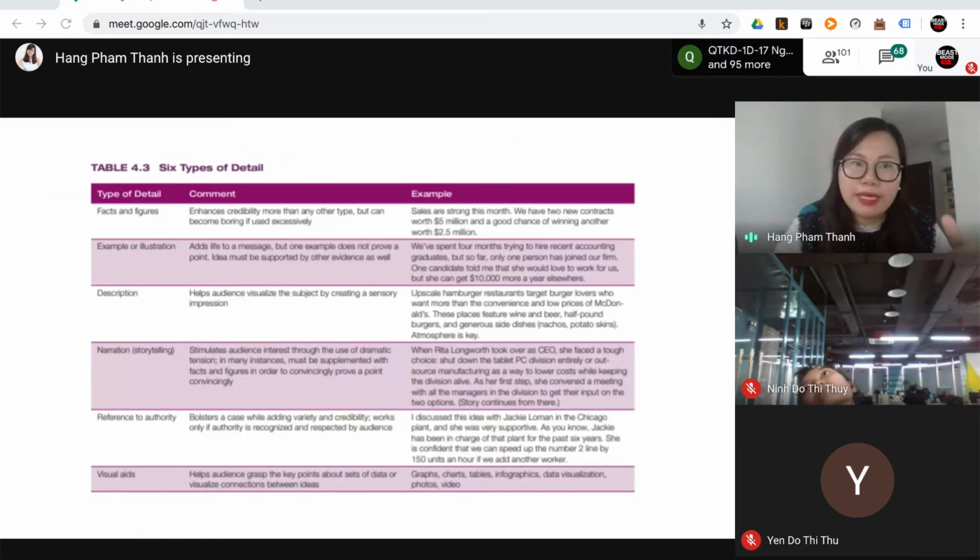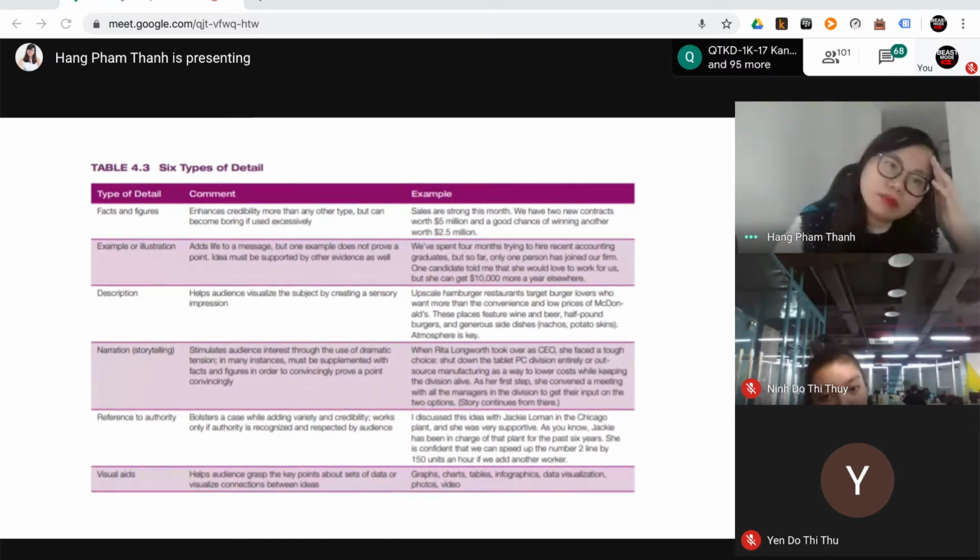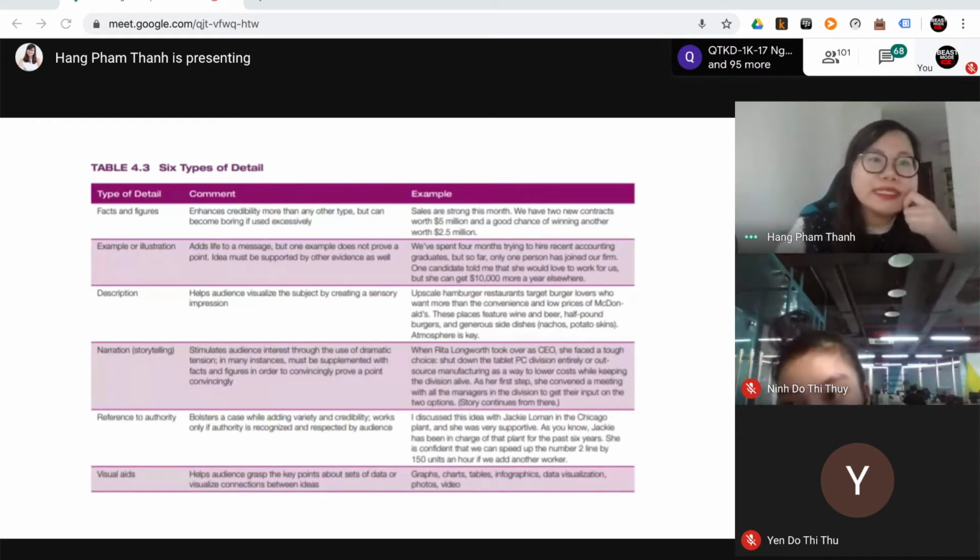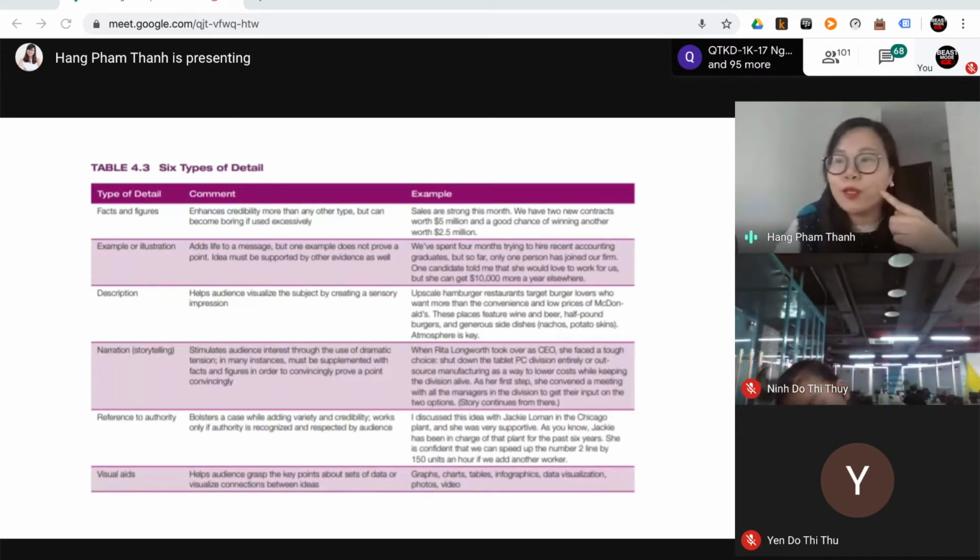So this can be a suggestion for you in order to develop your details part by giving examples or illustrations. Here they give us six types of detail that you can include in your writing.